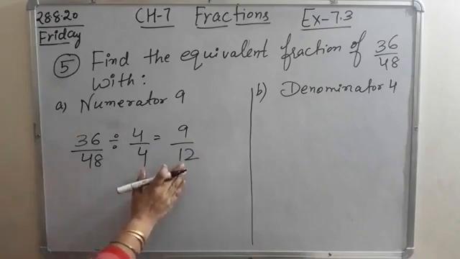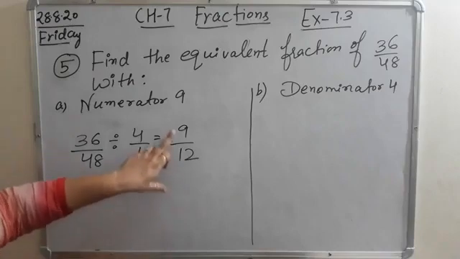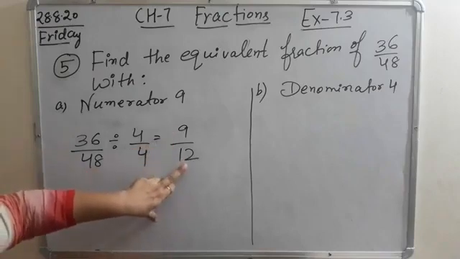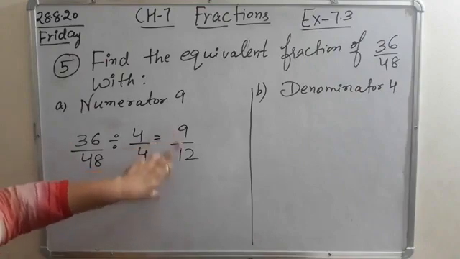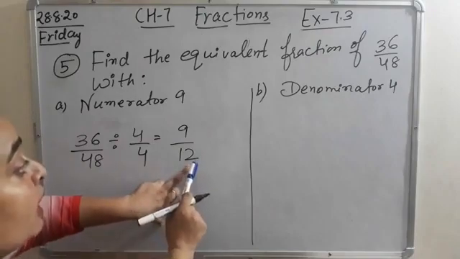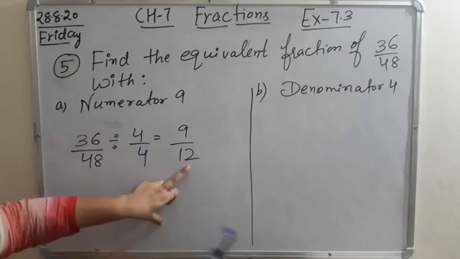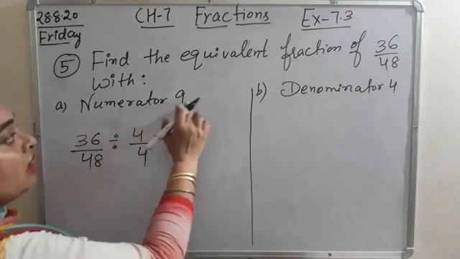This is your final result and you will not cancel 9 by 12 further in the table of 3. As we know, 9 by 12 both are the multiple of 3. But further we will not cancel it because the question is based on numerator 9.